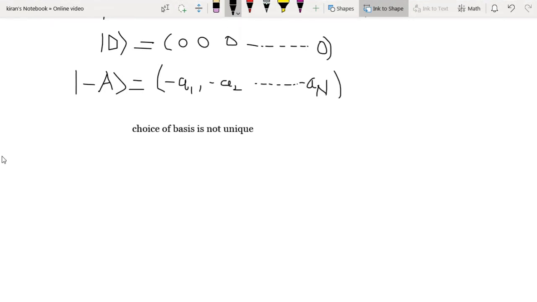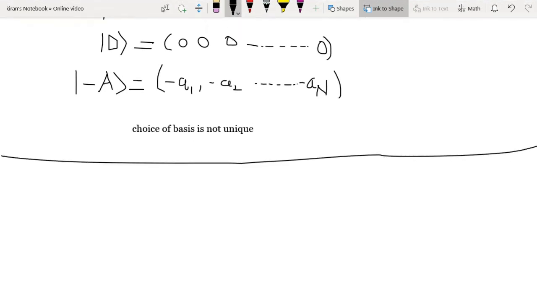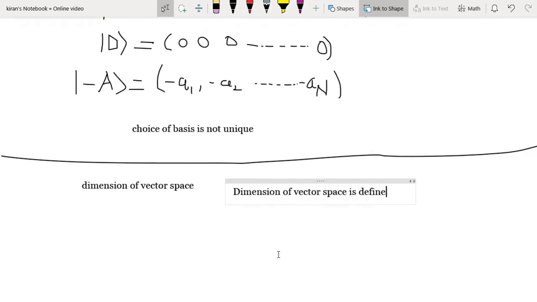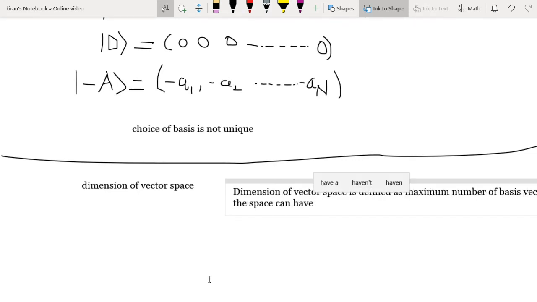Let us quickly discuss what is the dimension of a vector space, and then we will look into this concept using some examples. Dimension of a vector space is defined as the maximum number of basis vectors the space can have.